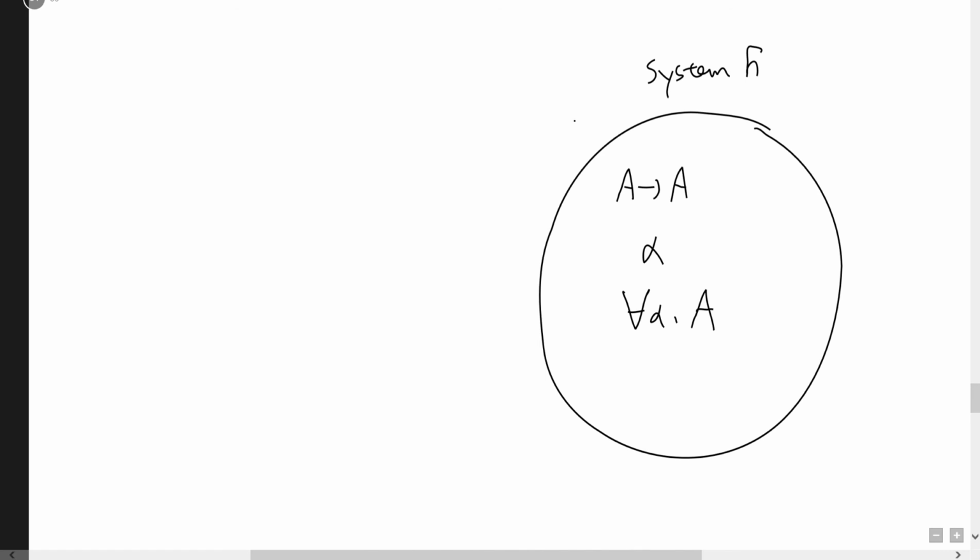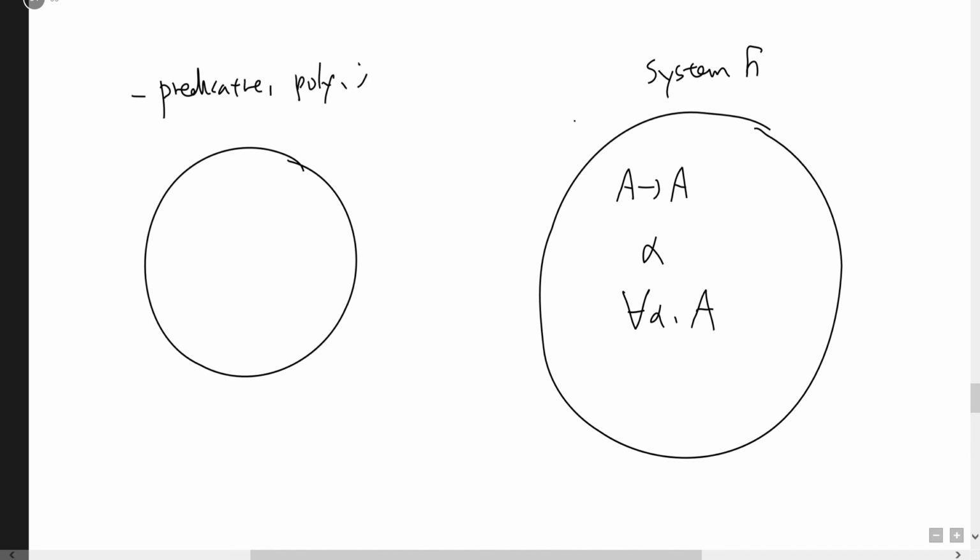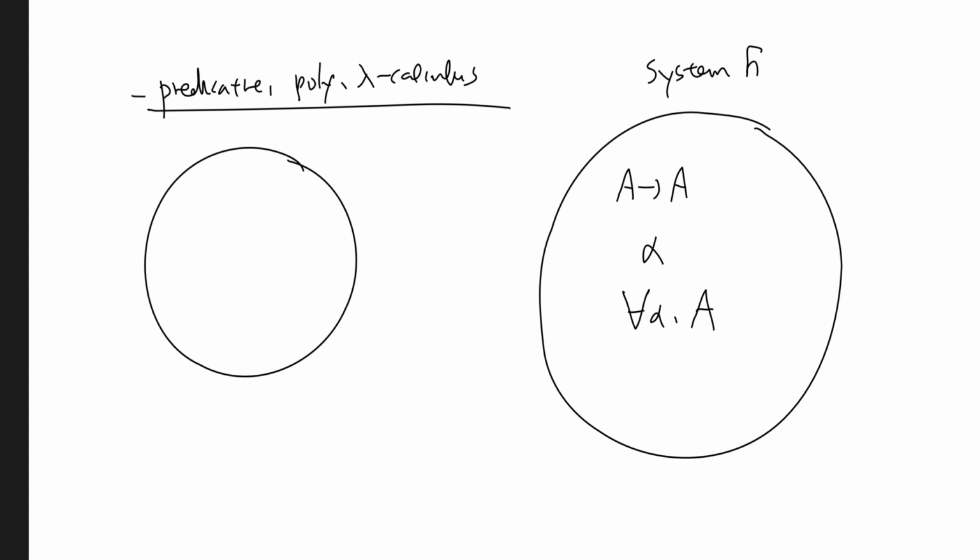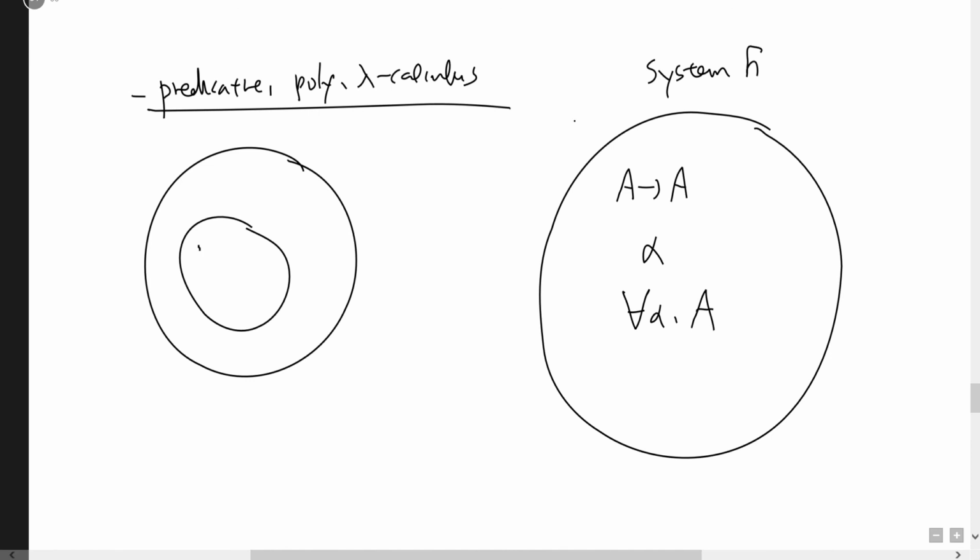And this is the set of types in predicative polymorphic lambda calculus. And here we stratify the set of types into two layers. So we have this inner layer, monotype, and outer layer called a polytype. So here we have A arrow A and type variable, and here we have this polymorphic type, for all alpha U.